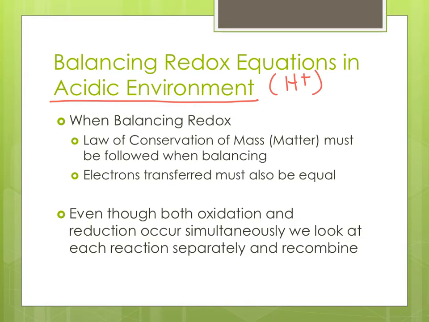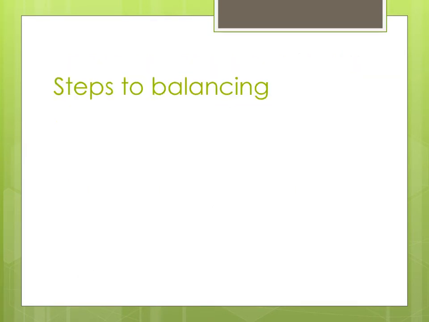So you're going to have to be able to first determine what's being oxidized and what's being reduced. So we're going to look at half reactions. So the steps to balancing a redox reaction, and again, this is just in an acidic environment.